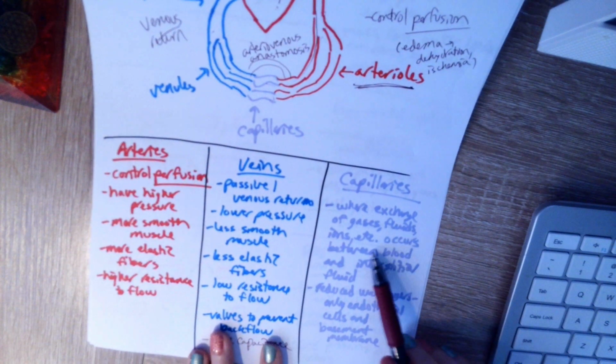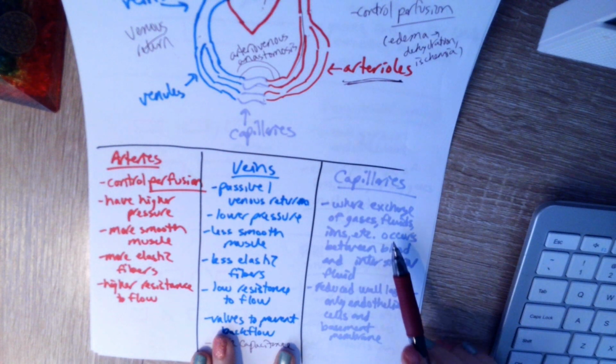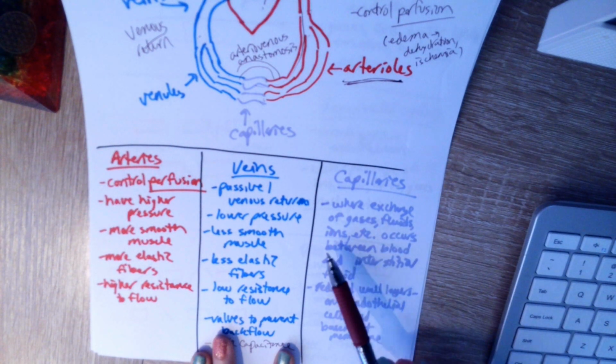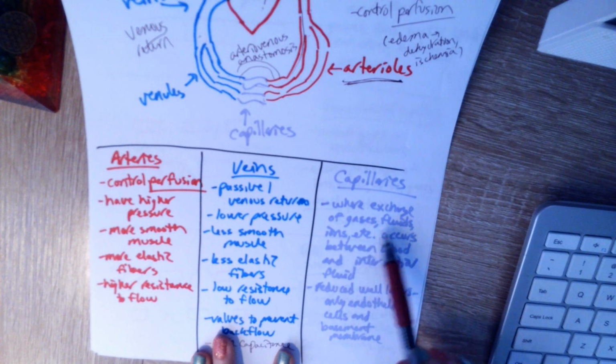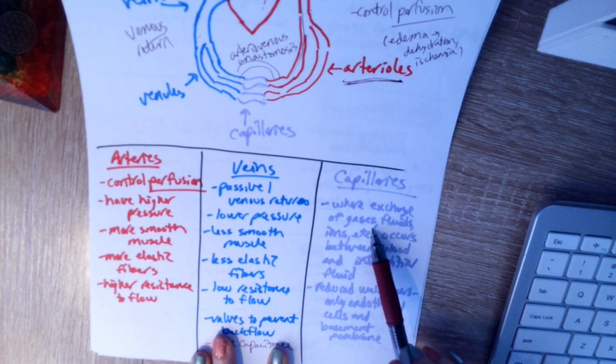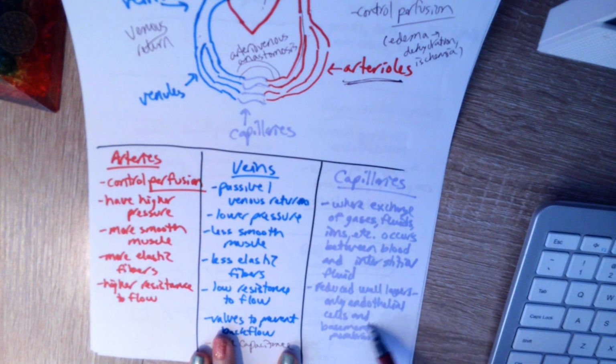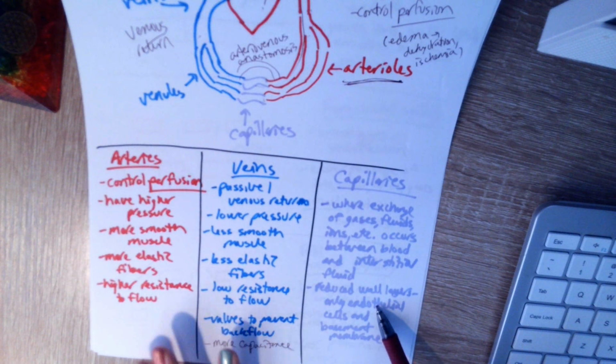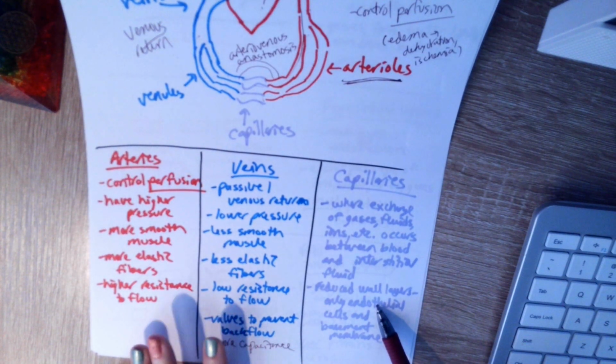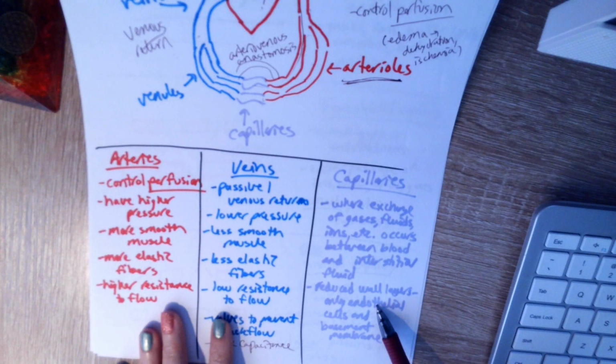Now capillaries is where we're going to spend most of our time. So that's where exchange of gases happens. We're going to be exchanging fluid, ions, nutrients, all the things that need to be exchanged between the blood and the tissue will be happening at the capillary. And the capillaries don't really have the same wall layers that the other two do. The bigger the vessel, the more developed the wall, which just makes sense.